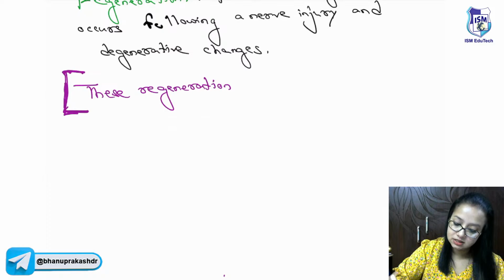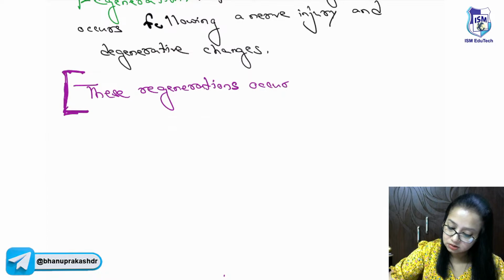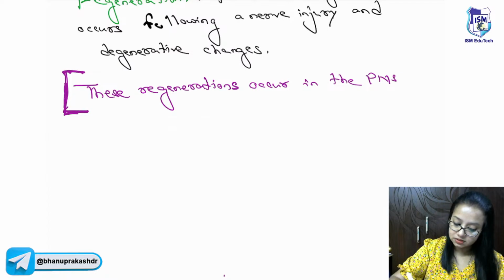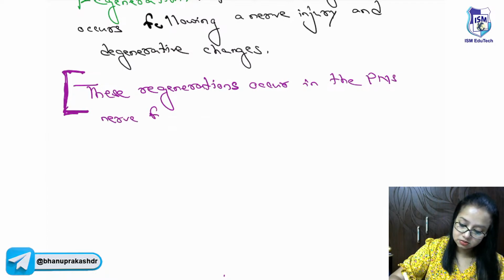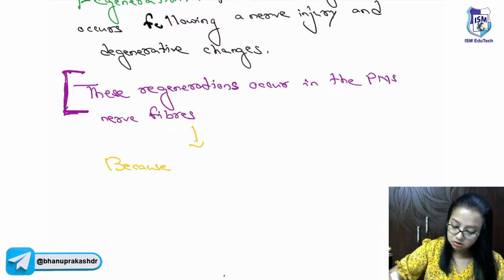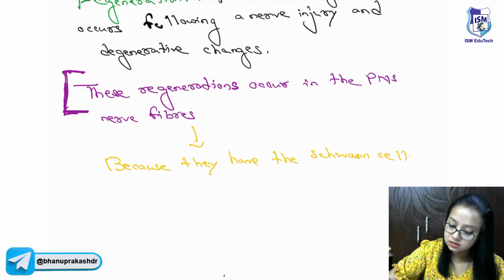This regeneration occurs in the peripheral nervous system nerve fibers. Why so? Because they have the Schwann cells.